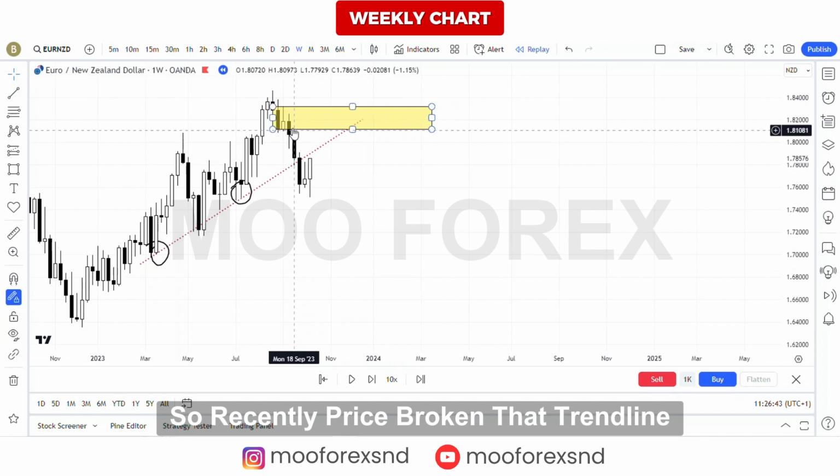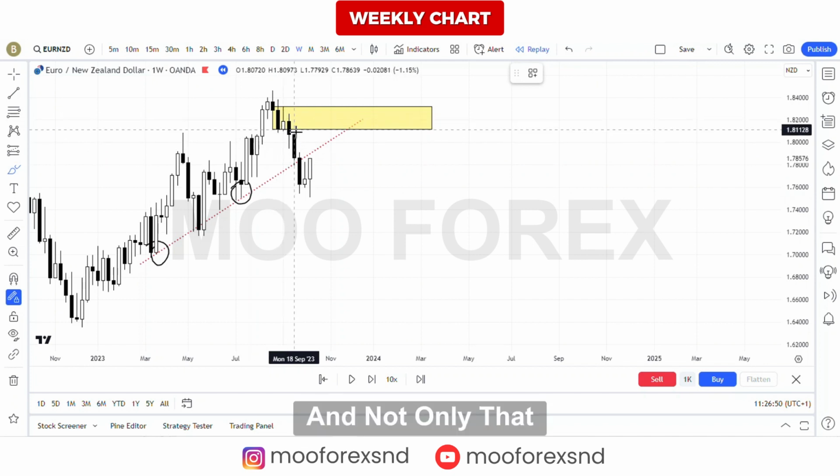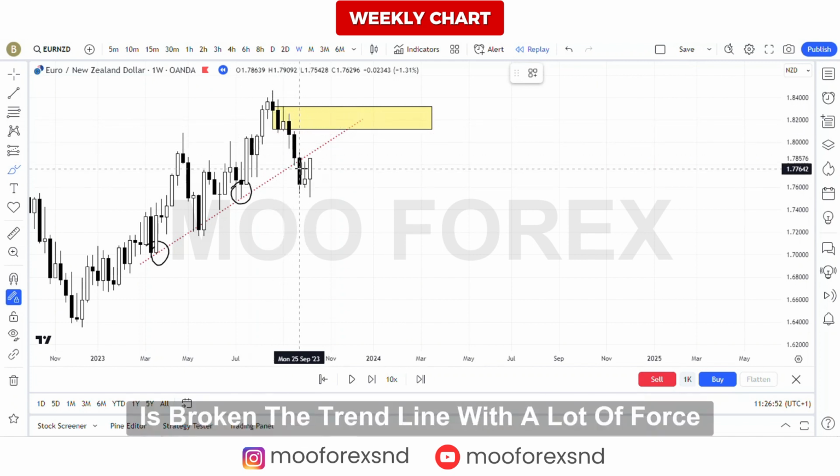So recently price broke that trend line, and not only that, it broke the trend line with a lot of force.